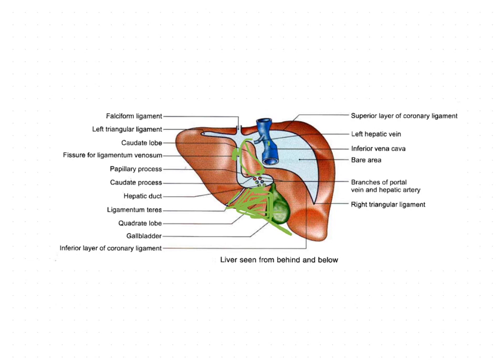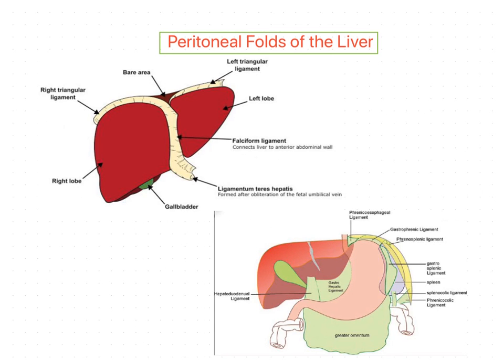Now we will see the peritoneal folds of the liver. One is the falciform ligament, and next are the right triangular ligament and left triangular ligament.